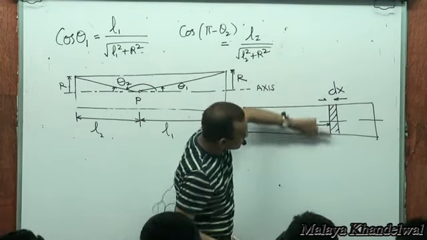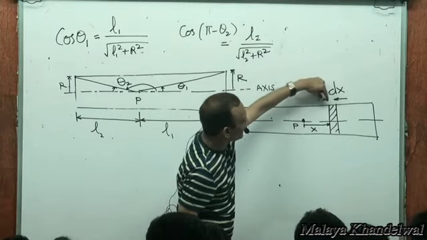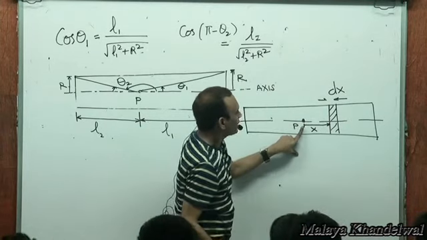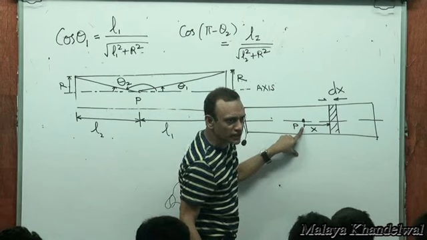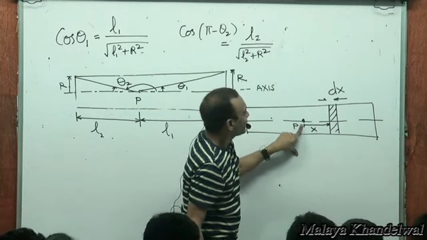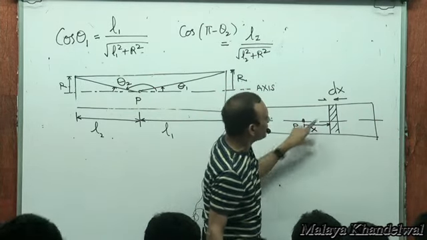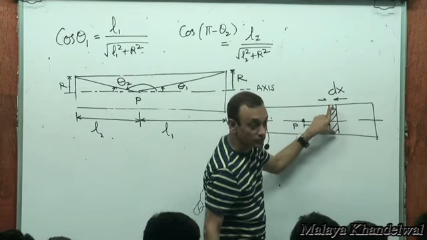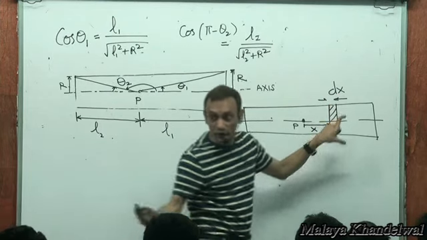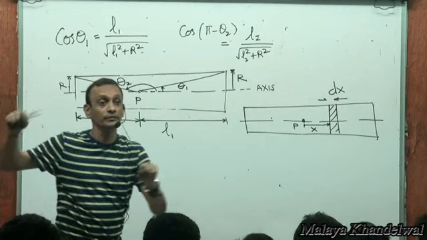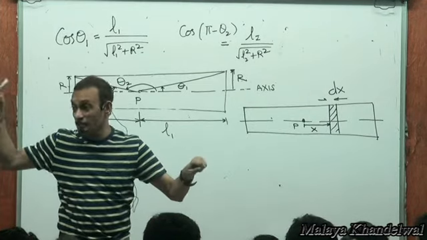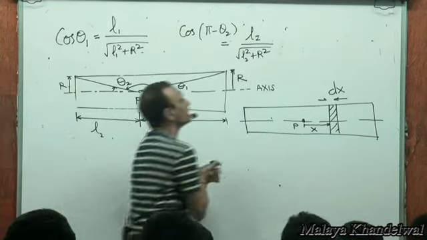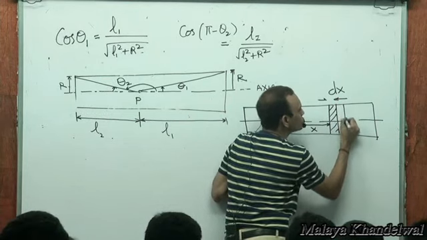So this is a current carrying wire, and P is a point on the axis of this current carrying loop. Let me compute the magnetic field at P because of this dx, for which I will have to deploy the previous result, mu naught i r squared by 2 times r squared plus x squared to power 3 by 2. The radius of this ring is going to be capital R.